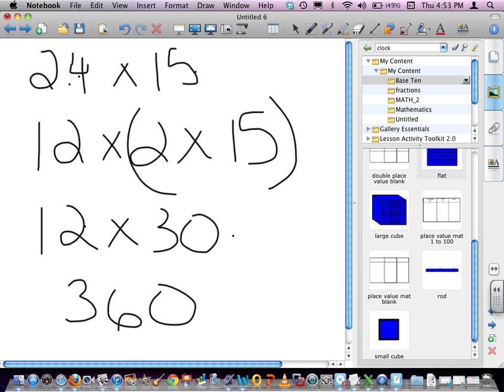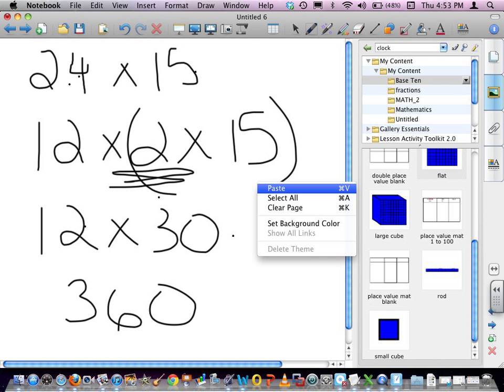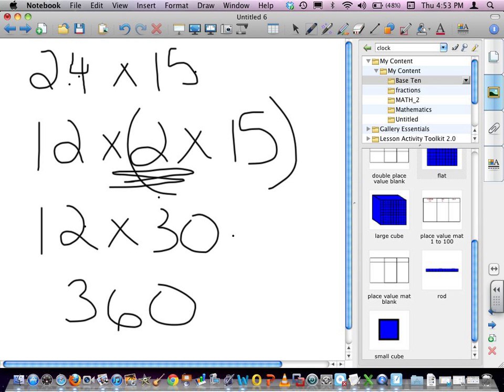And if I can make the problem simpler by halving one and doubling the other, what I'm really doing is factoring out a factor of 2, right? And multiplying that 2 by the other number. Okay, and here's another new property for you. This is the associative property.